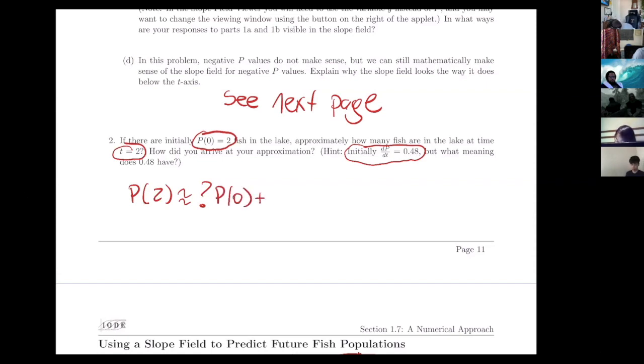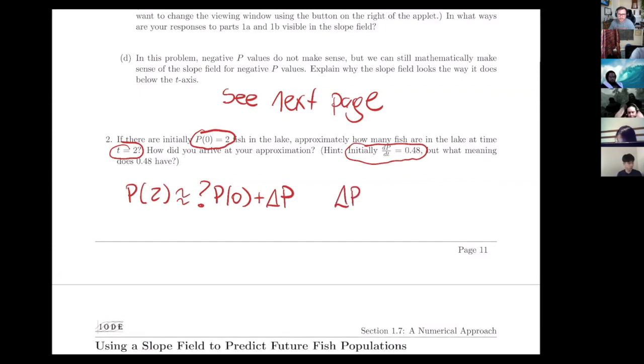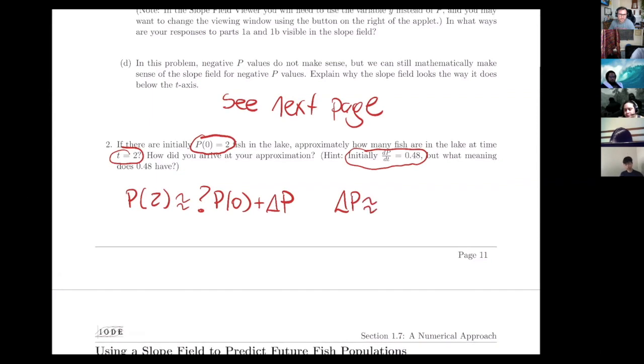And so the way that this was described on the video was we can calculate using the derivative approximately how much the population is going to change, and then we just add or subtract that change to the initial population that we started with. So the delta P that we have here, I should say more precisely, we can approximate it by taking the derivative, say at time 0, and then multiplying it by the change in time.